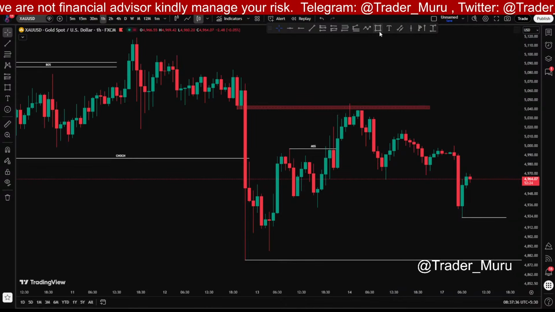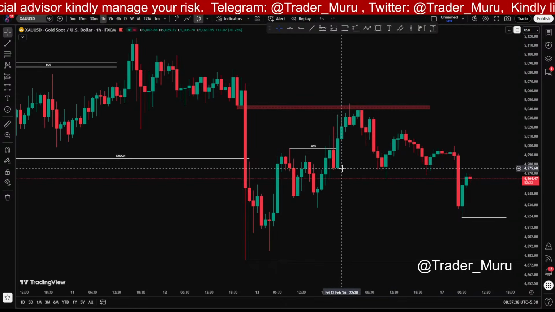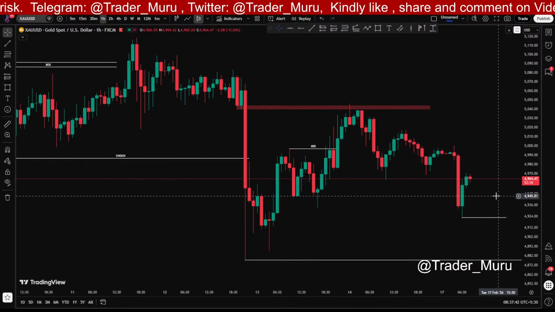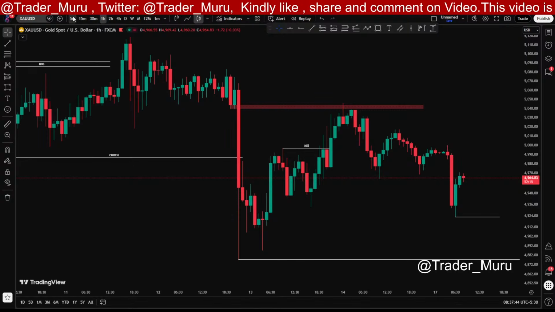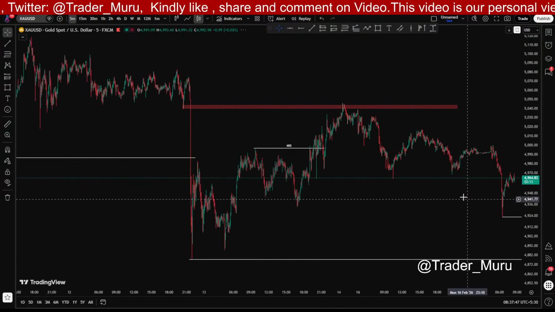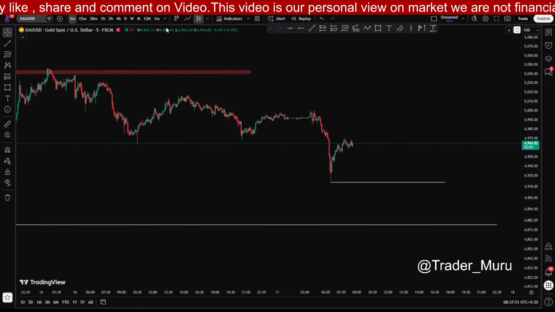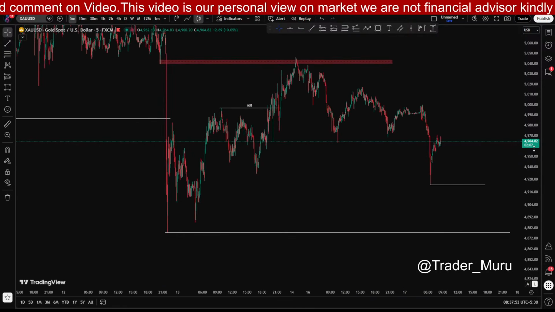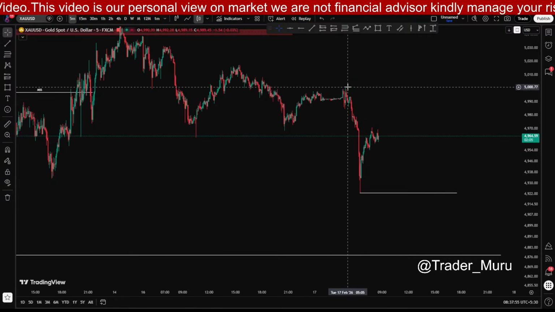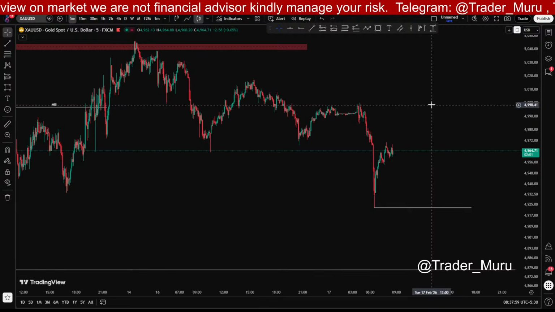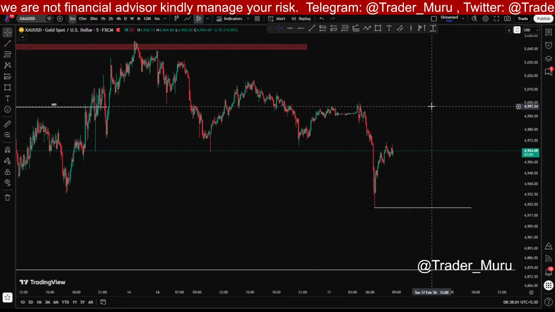Watch for these areas which we have discussed, that price should retrace to the supply area first, then reject there. And for confirmation you should be watching for a 5-minute time frame change of character, and then your entry will be in the 1-minute time frame. So better wait for these areas. Possibly we will see a ranging market during our London session.